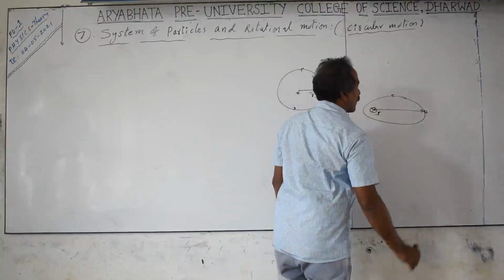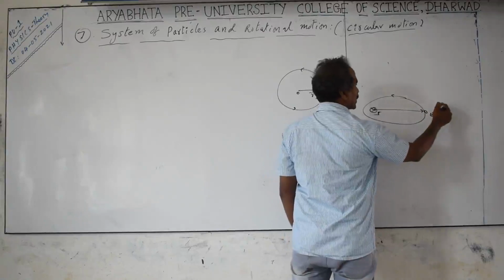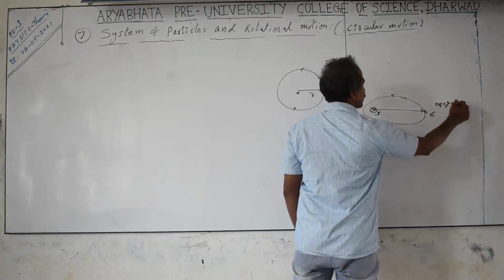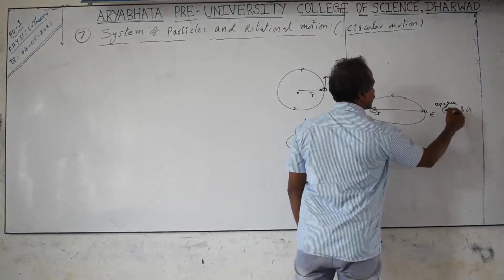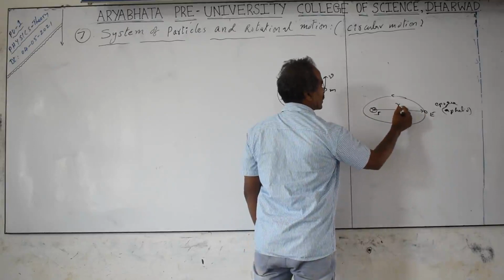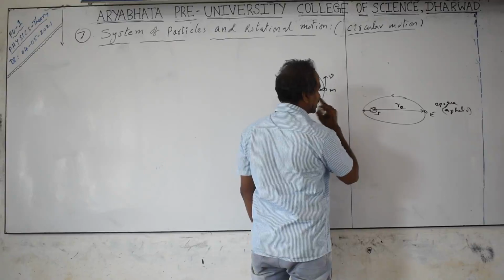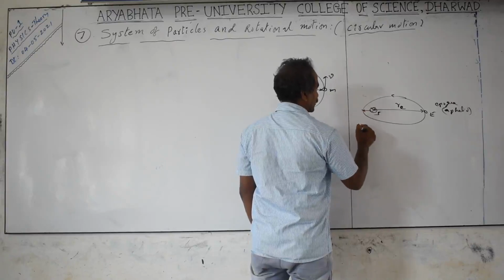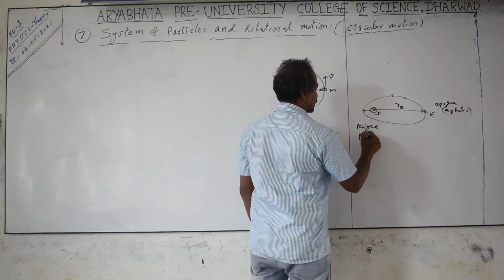When the planet, for example Earth, is far away from the sun, it is called apogee. It is also called aphelion. Helio means sun. The farthest distance from the sun is called apogee or aphelion. The distance we can take as RE. The shortest distance from the sun is called perigee, or perihelion.